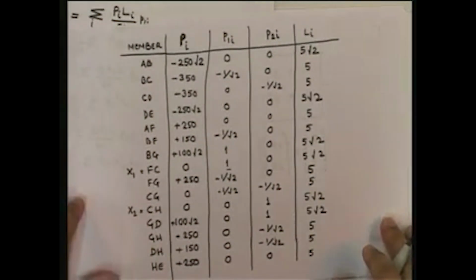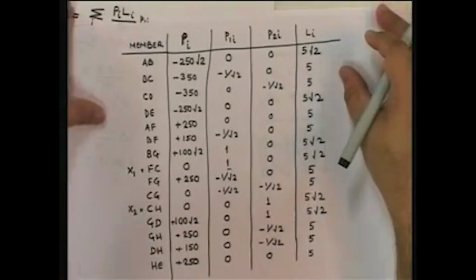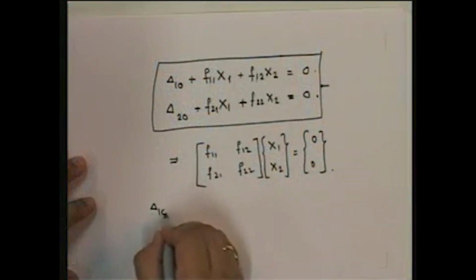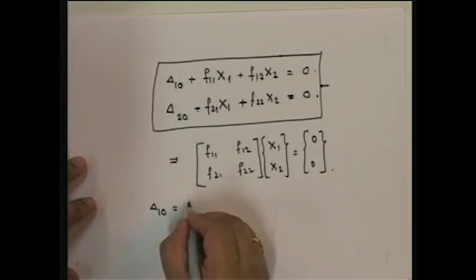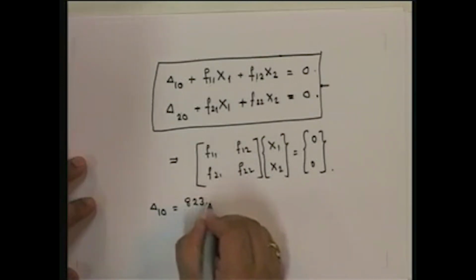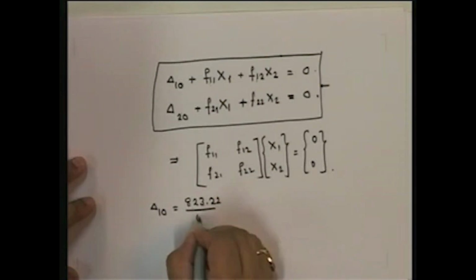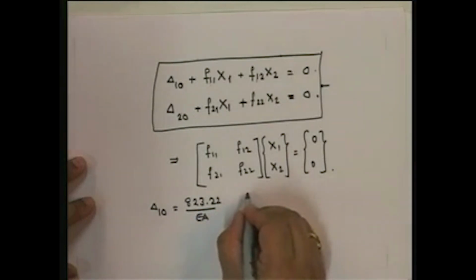So I have got all my displacement lengths, and I can now do all of these computations. I will write down the values for you right now. In this particular case delta 10 is equal to 823.22 upon EA.